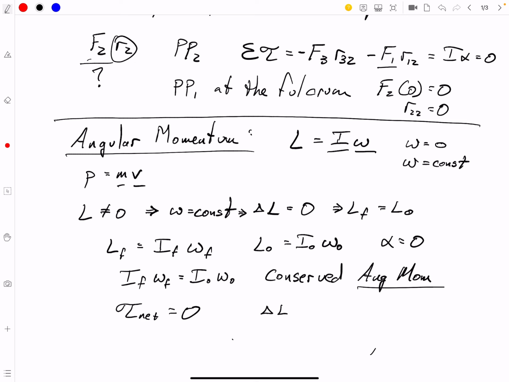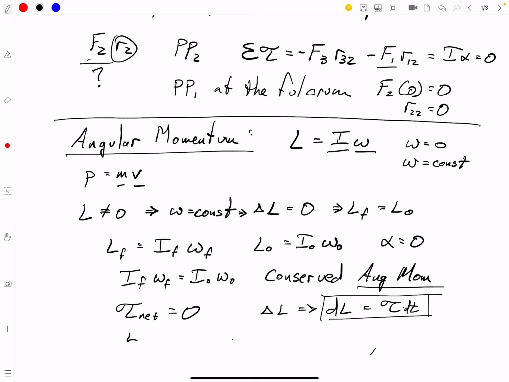Delta L, if we do the calculus of this whole thing, is essentially dL. And if we use the impulse formula, I better put a dt on the time, that's delta L equals torque times dt.